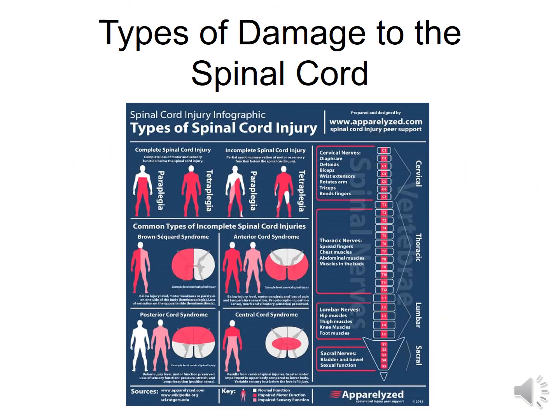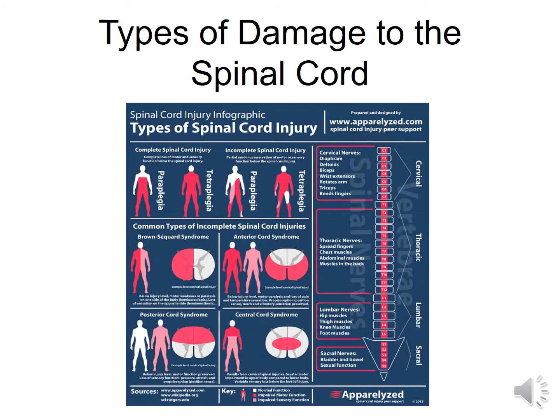Depending on the level of injury, if it's low enough in the spinal cord, a person may lose partial or complete function of the lower extremities, called paraplegia. If it's higher in the spinal cord, it can involve what we commonly call quadriplegia, but technically is called tetraplegia.